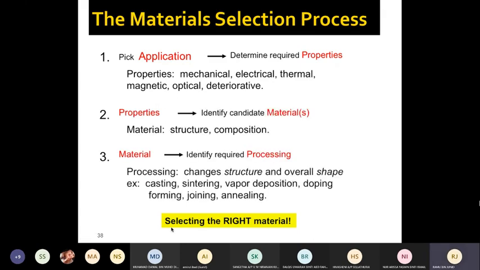This is the material selection process to make something. If you want to make a product, or you want to design something, this is how you need to do it in order to choose the right material. First, you have to know what application you want to use that product for.